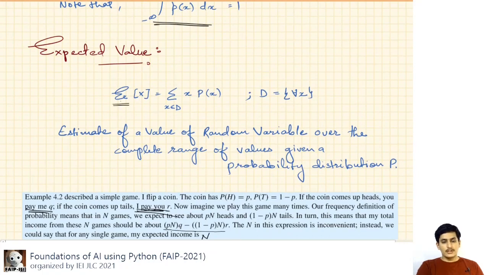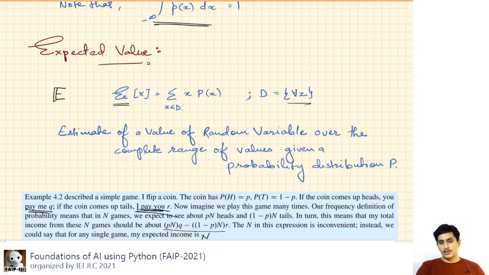So this is a notation. Actually, the notation generally used in books is something like this, but it is difficult to draw. That's why I prefer to draw it like this. Okay. So the expectation of a random variable x is equal to summation x over D. What is D? D is the complete range of x.